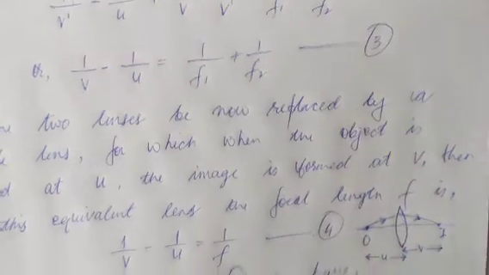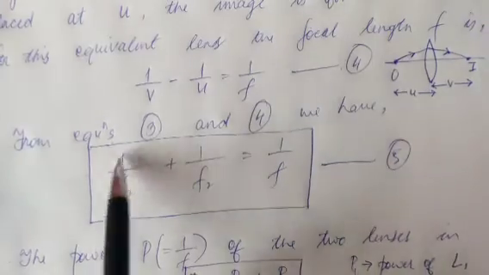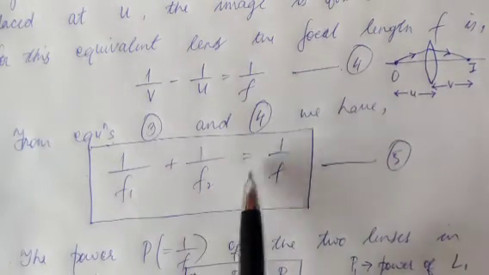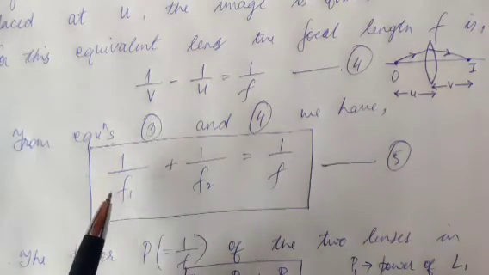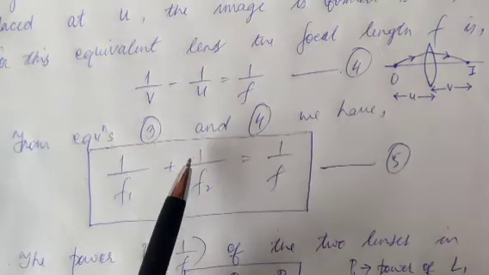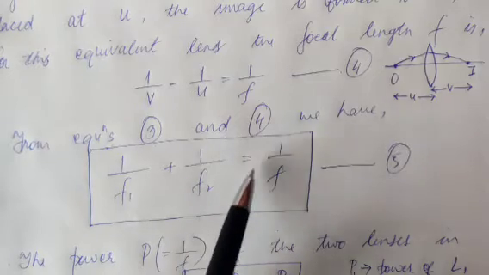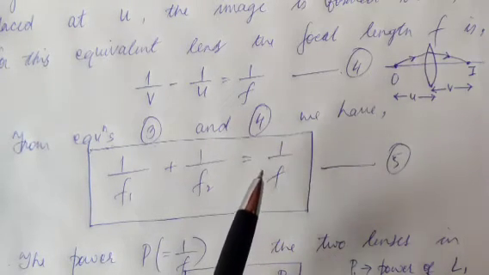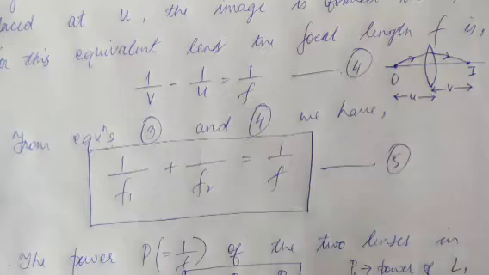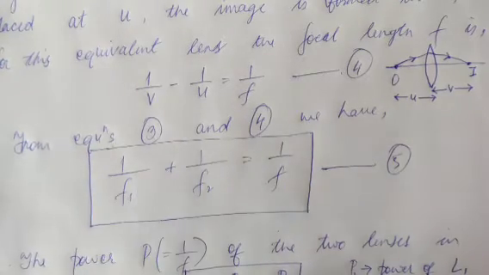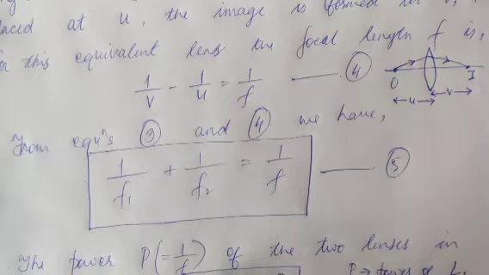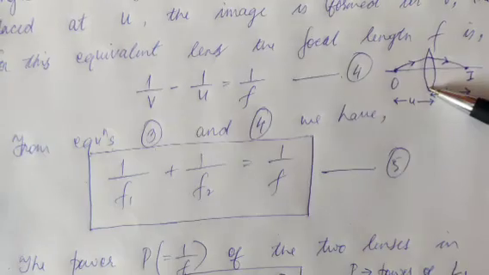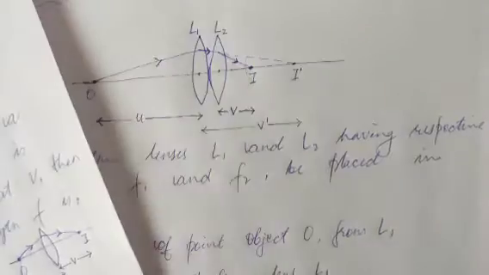So from equations 3 and 4, we get 1 by F1 plus 1 by F2 is equal to 1 by F. That is, the reciprocal of the focal length of the first lens plus the reciprocal of the focal length of the second lens is the reciprocal of the focal length of the equivalent lens. Or so to say, the power P1 of the first lens plus the power P2 of the second lens is equal to the power P of the equivalent lens, or that of the combination of two lenses.